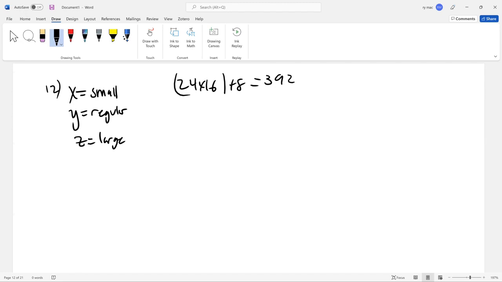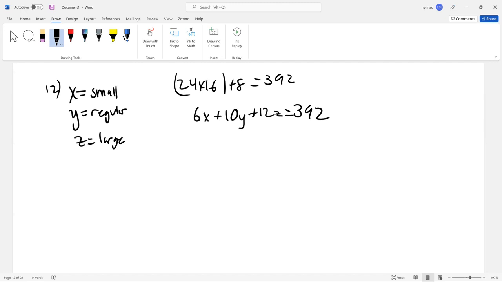So then I'll make my first equation in regards to the ounces. So there's 6 ounces in the small sandwich, so I'll write 6x. 10 ounces in the regular, so 10y. And 12 in the large, so I'll write 12z. And that has to equal my 392 that I just got. The next one will be in regards to money, or the price of them.